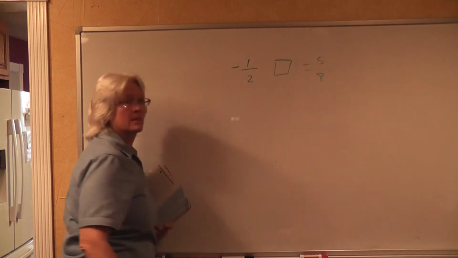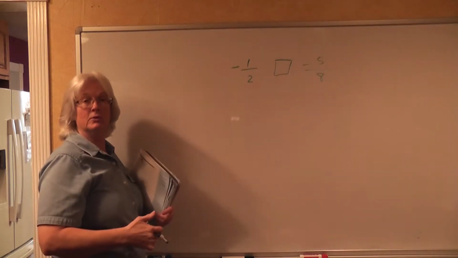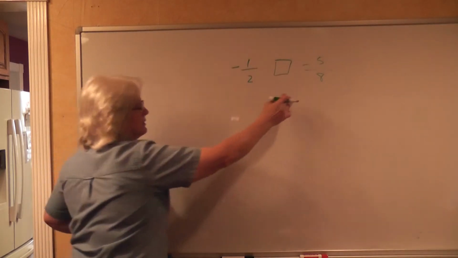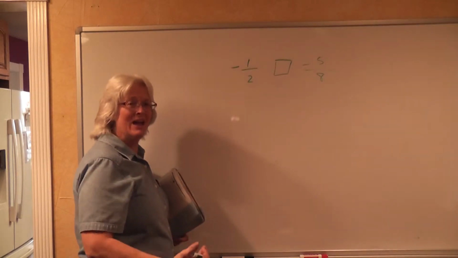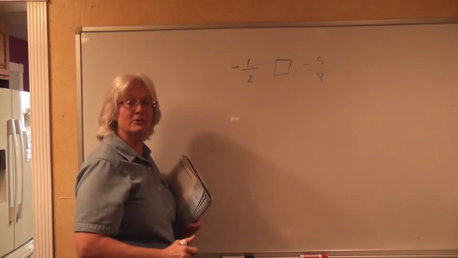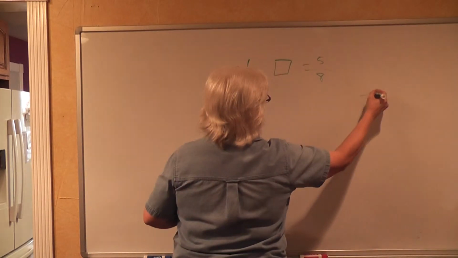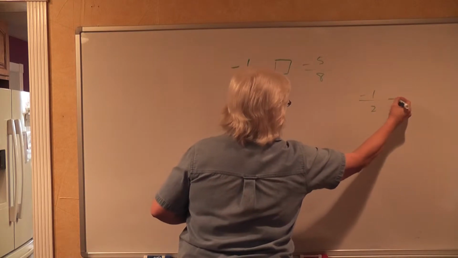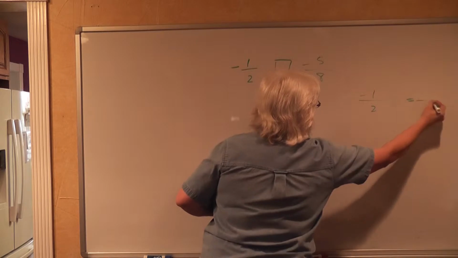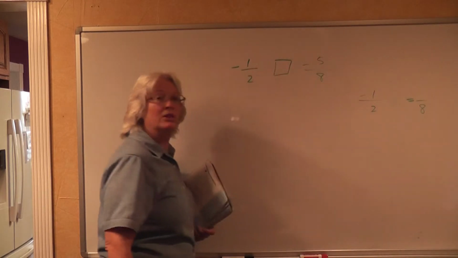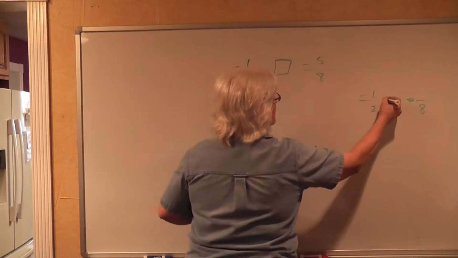So what's the common denominator with 2 and with 8? 8 is going to be our common denominator, and the 4 came in by me saying that in order to change a denominator of 2, where we rewrite it with a denominator of 8, of course we have to multiply by 4.